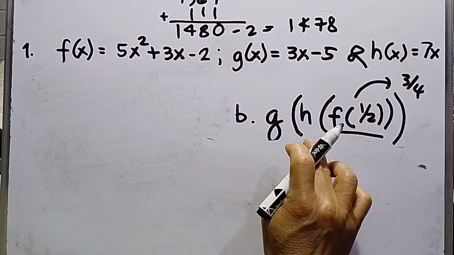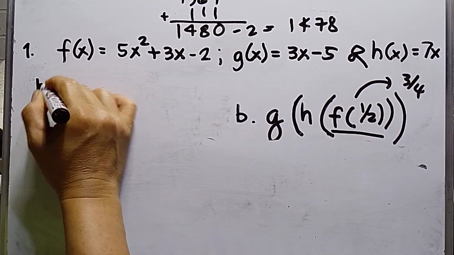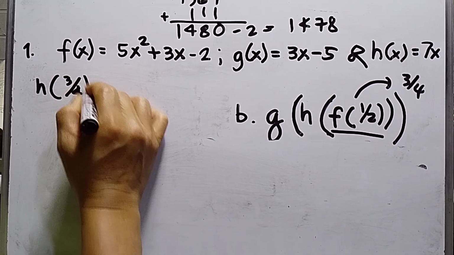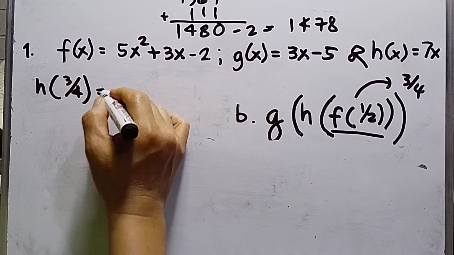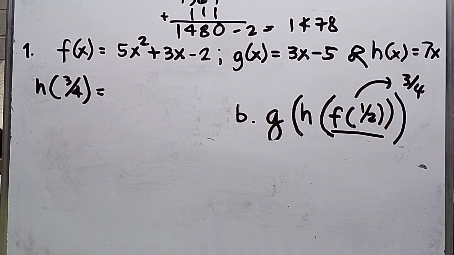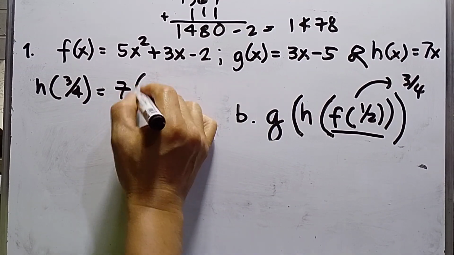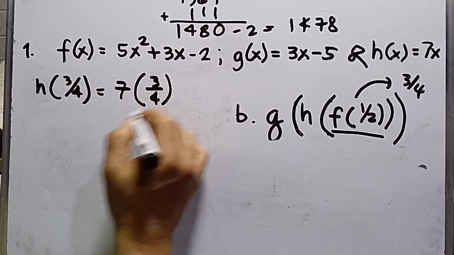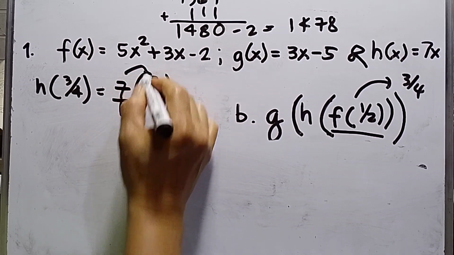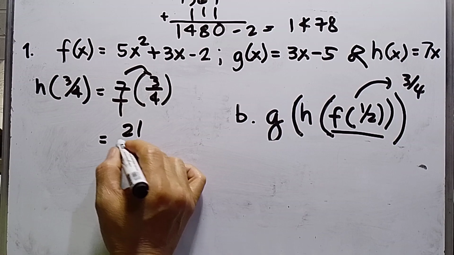The next will be h of 3 over 4. So h will be 7x, or 7 times 3 over 4. So multiply, this will be 21 over 4.